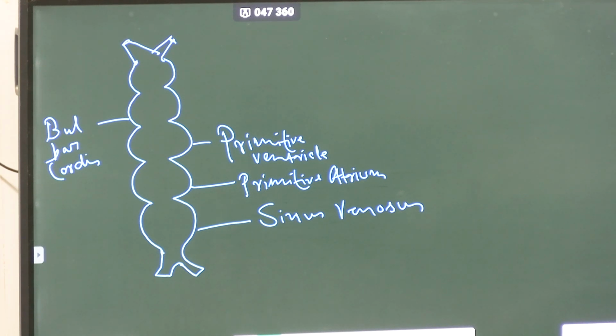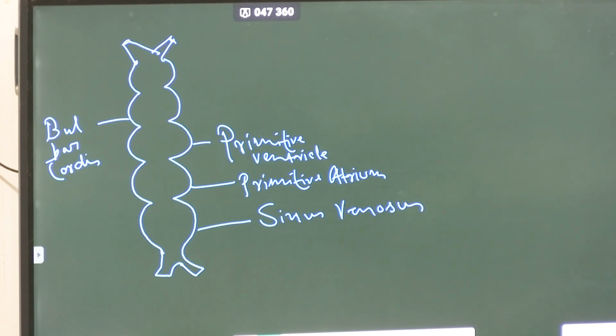Now, out of these two mesoderm, from which mesoderm does heart develop? Splanchnopleuric mesoderm. Heart is covered by a membrane that is called pericardium. Pericardium is a cavity.